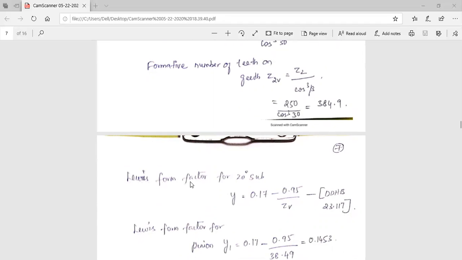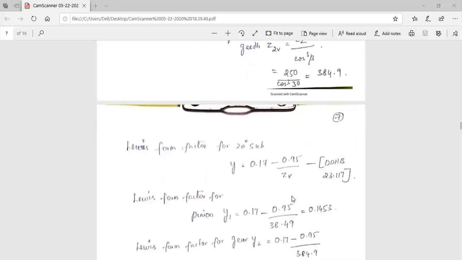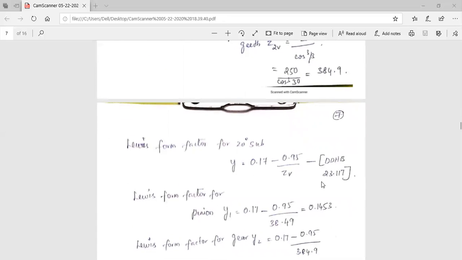So we have to find the Lewis form factor. For the 20 degree stub, in the new data handbook, equation number 23.117 gives the formula for the Lewis form factor y for 20 degree stub teeth, stub involute system. Small y is equal to 0.17 minus 0.95 divided by ZB, the virtual number of teeth.